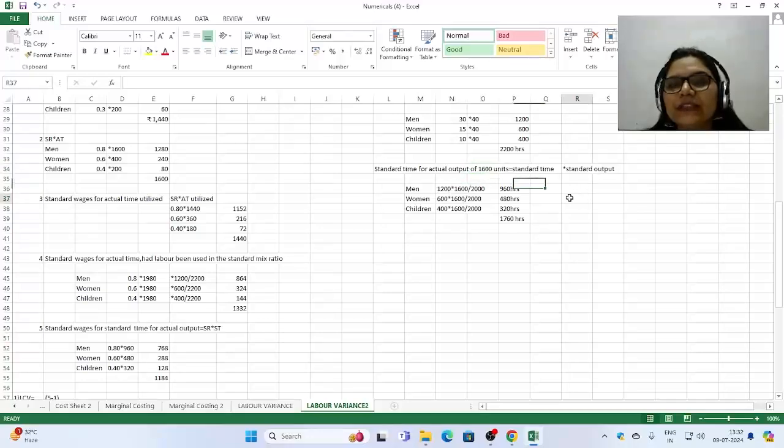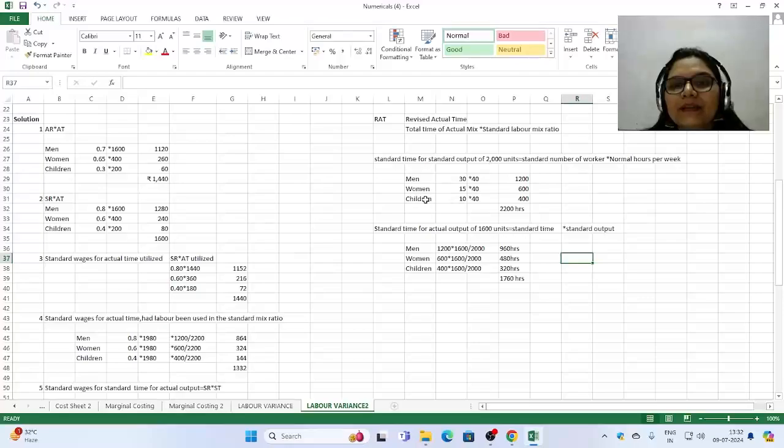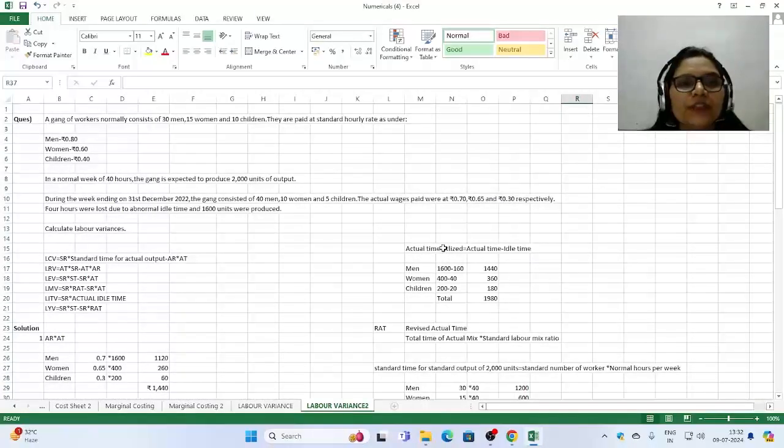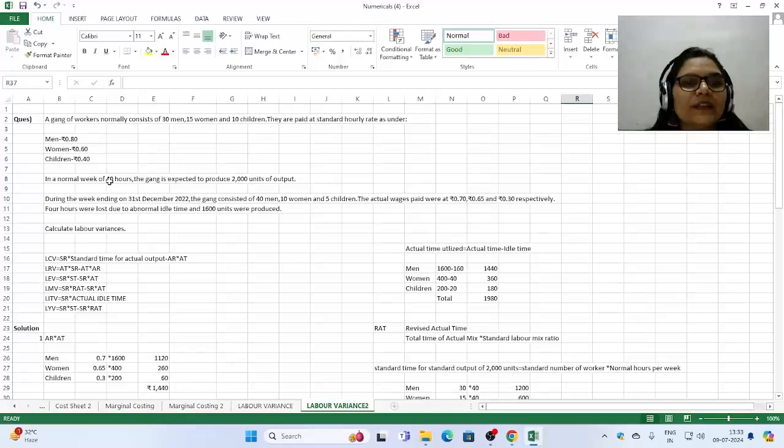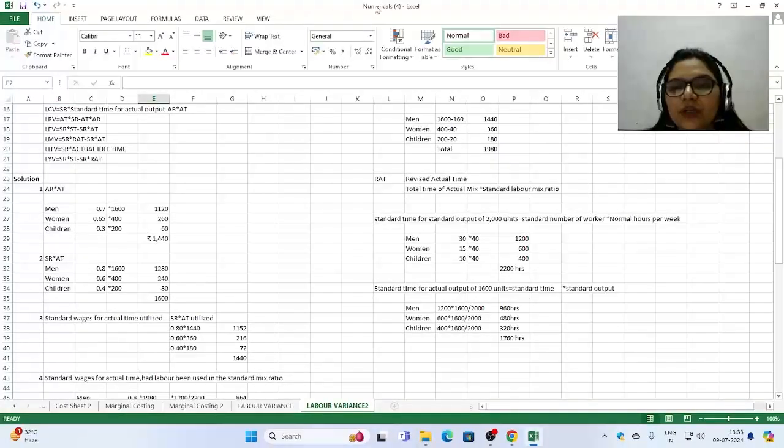Actual output is 1600. Now what will be the standard time? For men, we have standard time into standard output. Standard output is 1200, 600, 1200, that is 30 into 40, 1200, 15 into 40, 600, and 40 into 10, 400.